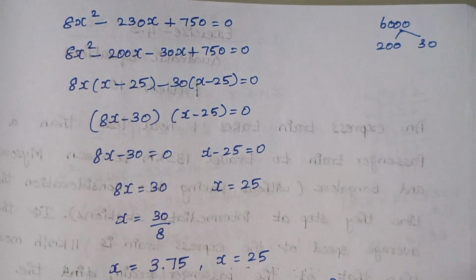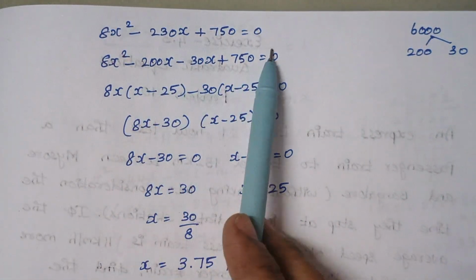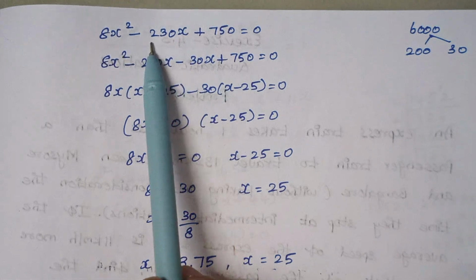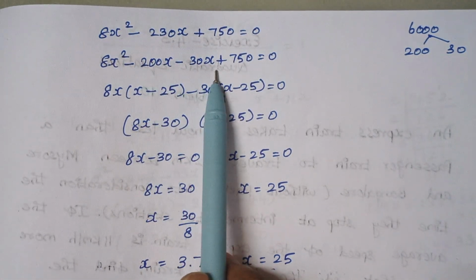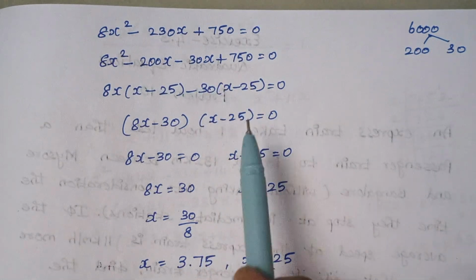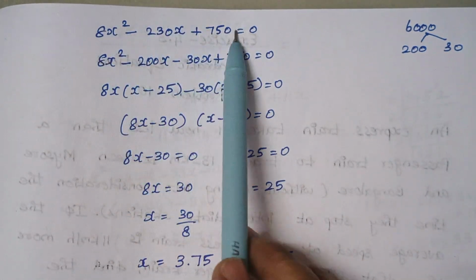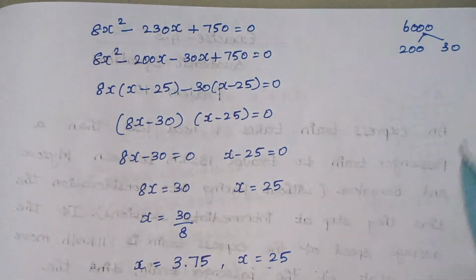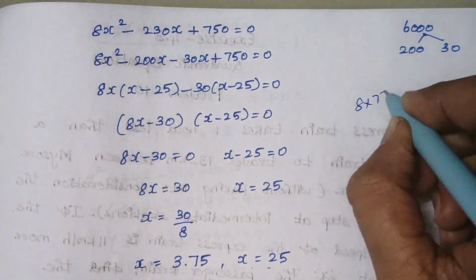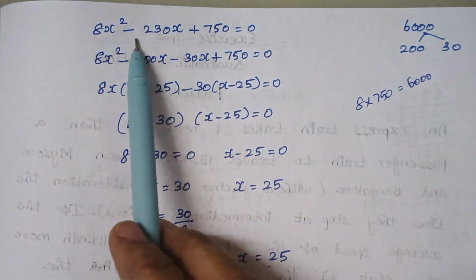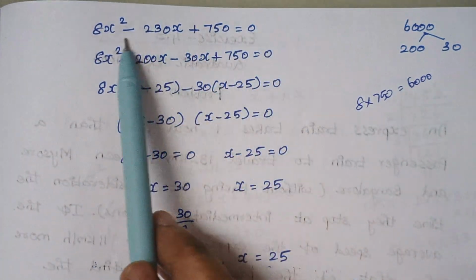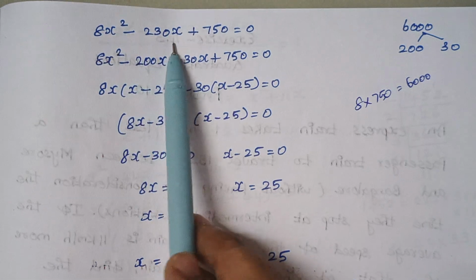Now we are going to solve this quadratic equation. So you see 8 into 750 gives you 6000, right? 8 into 750 is 6000, and when you add or subtract two numbers, you should get the answer as minus 230.